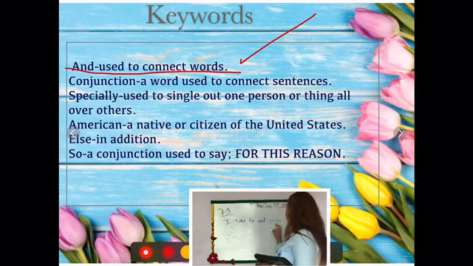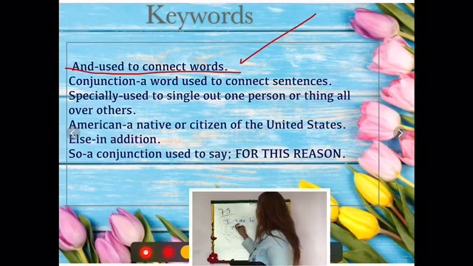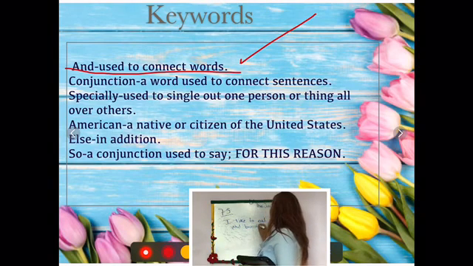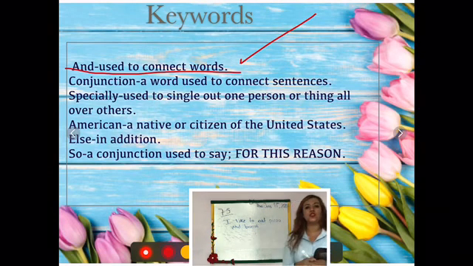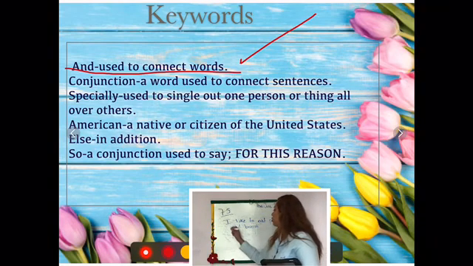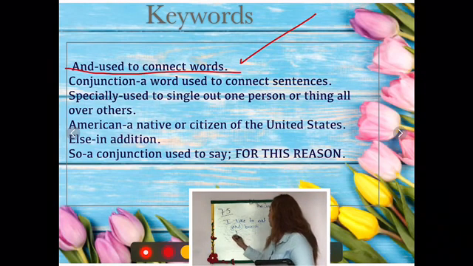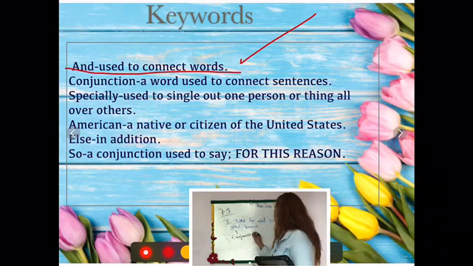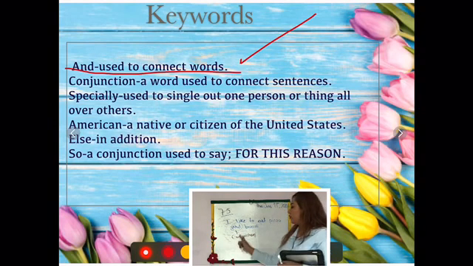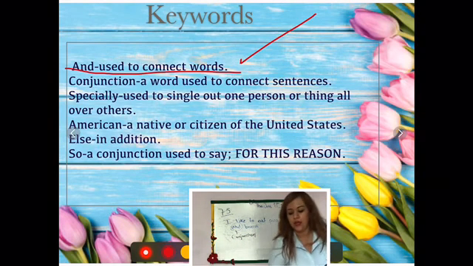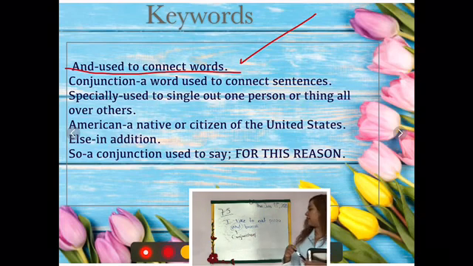Okay, I like to eat pizza and broccoli. I am using a conjunction, okay? And this is what I would like to call a conjunction. This one here. This one is a conjunction, the word that connects two sentences, okay?